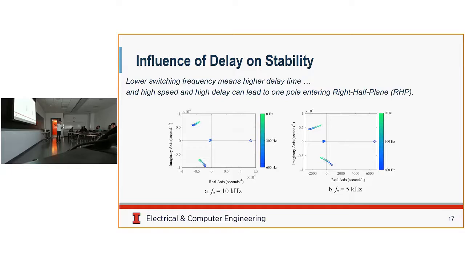So the right-hand figure has a higher delay time because of the lower sampling frequency. And we can see that this pole is shifted rightwards and approaching the right half plane, and especially at 600 hertz, the pole enters the right half plane, which indicates an unstable operation.